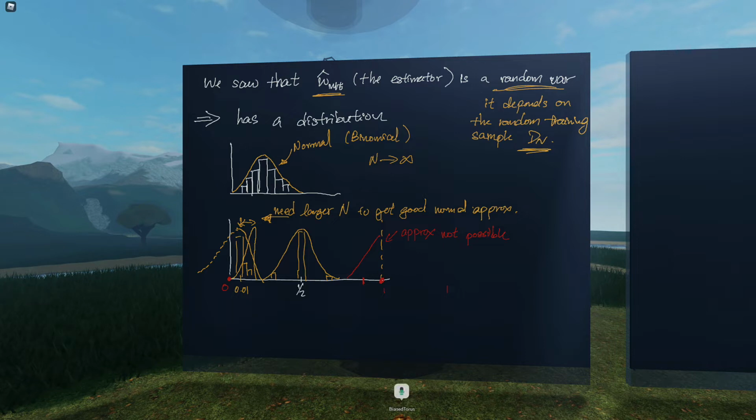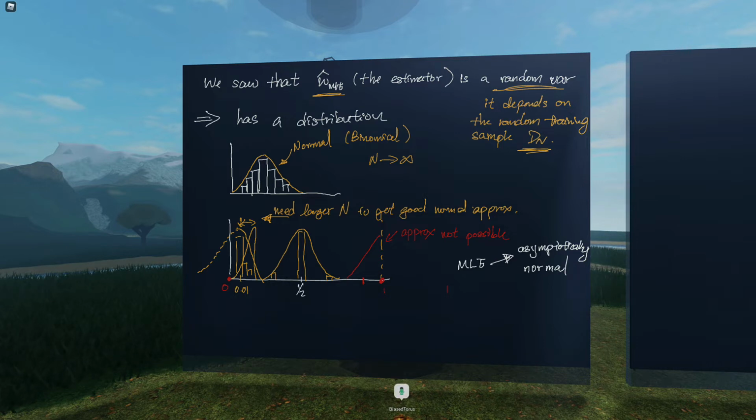Some comments on this special case of the coin flipping model, where the MLE is asymptotically normal. This property of being approximated by a normal distribution as the sample size gets larger and larger is called asymptotic normality.